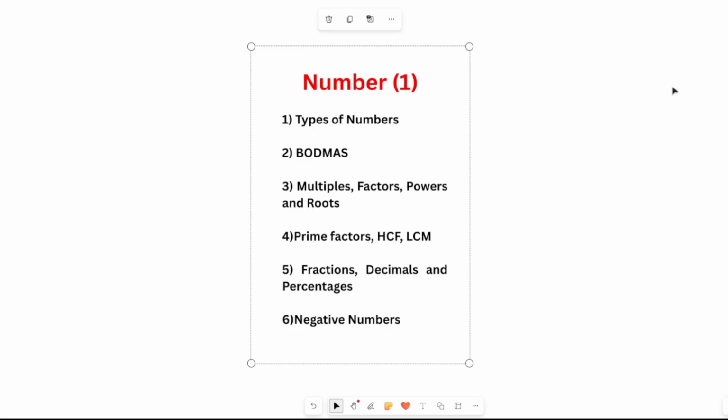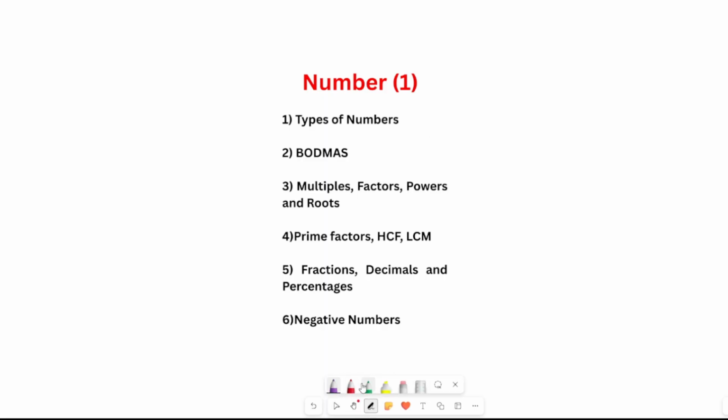And what have we achieved so far? We know everything we need to know for our level as far as types of numbers are concerned. Then we looked at BODMAS, and there were some tricky bits in resolving BODMAS-based problems. We've clarified that already.